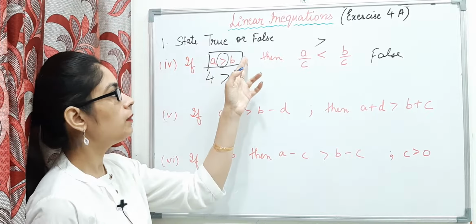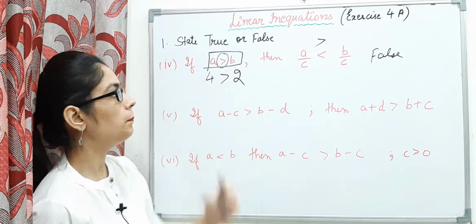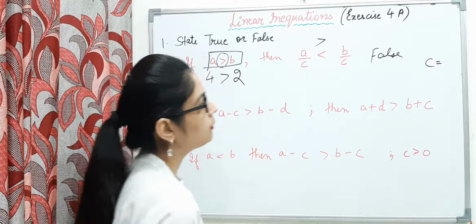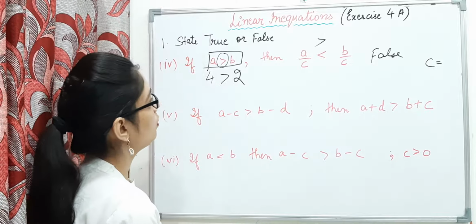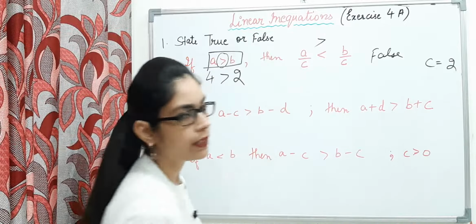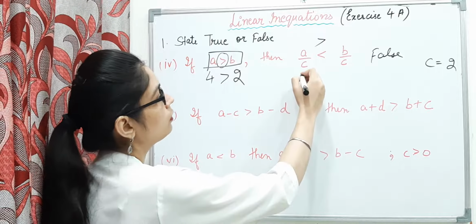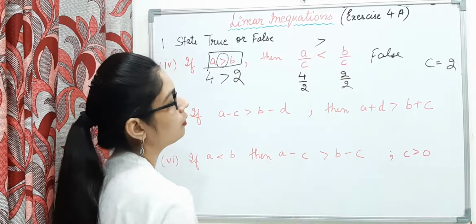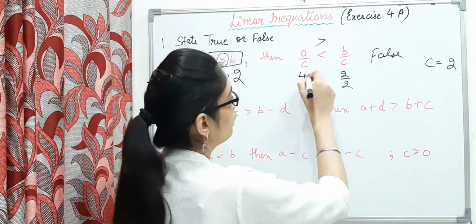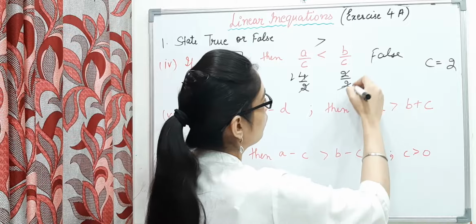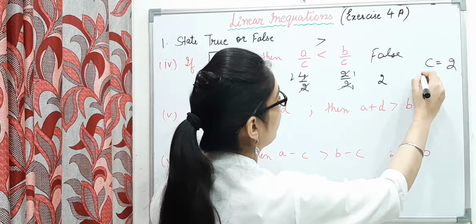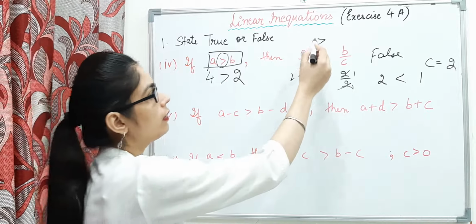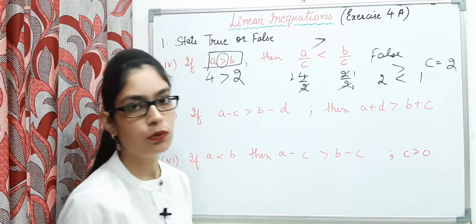C we can assume as 2 only, we can assume any number. So 4 by 2 and 2 by 2, it will be changed to 2 and 1. So they have written 2 is less than 1, but it is greater than 1. So due to which it is false.